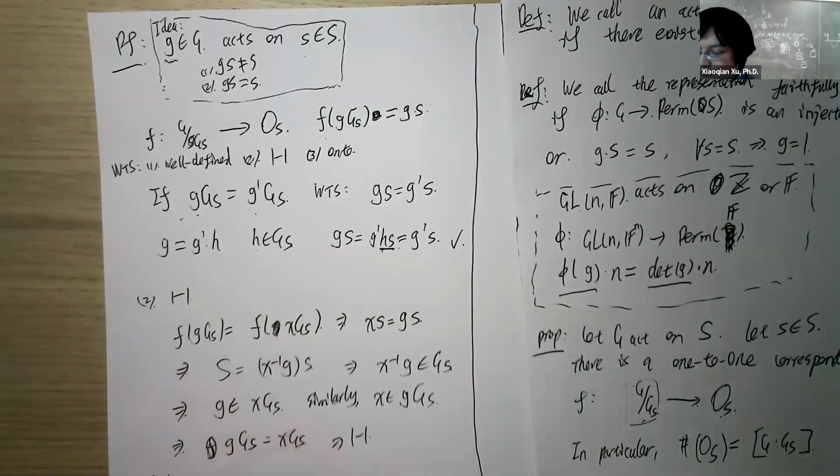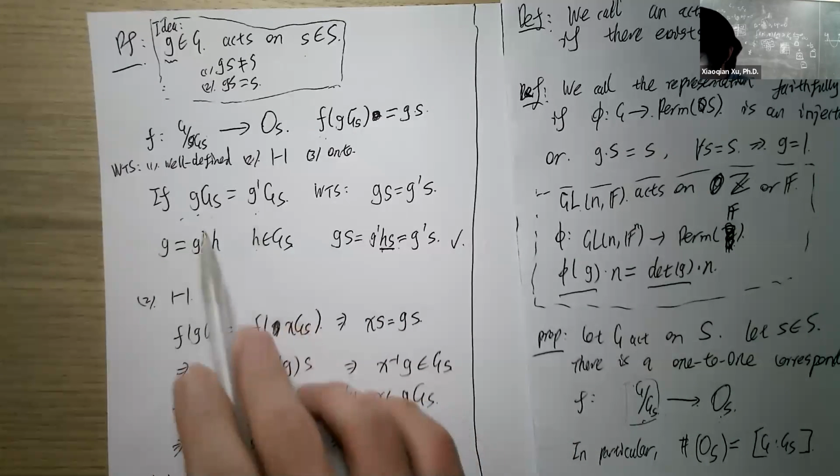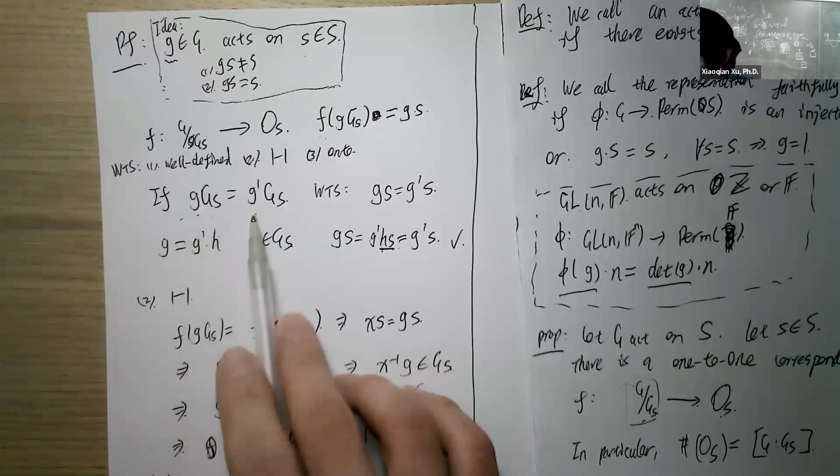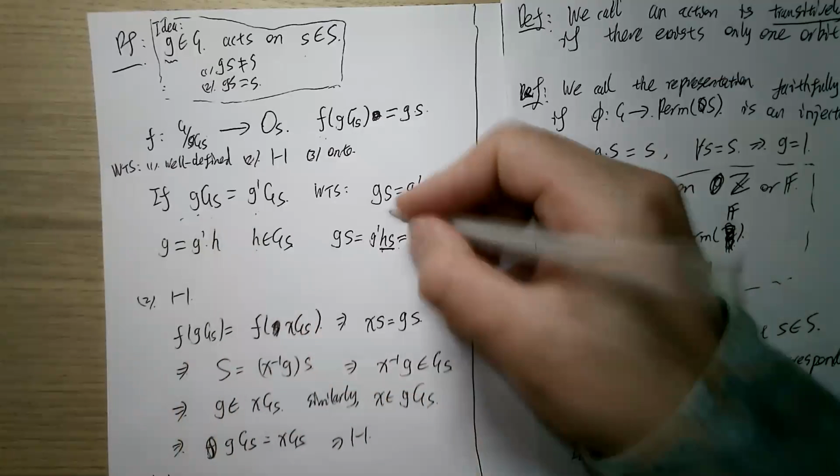Sorry, why is G_S a stabilizer, like in the first part when we prove it is well defined? Why can the h just cancel, like this h does not make any change?